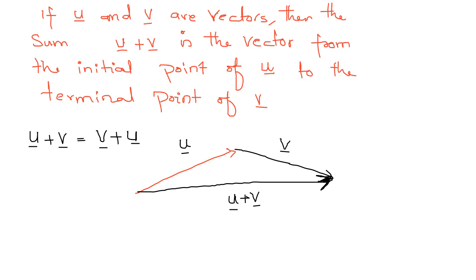For example, if I say this is one vector, and this is the second vector, and this one is the third vector, this must be the resultant vector.